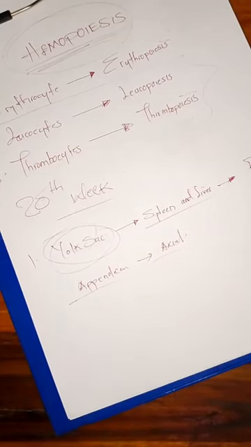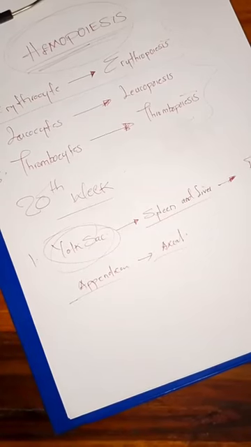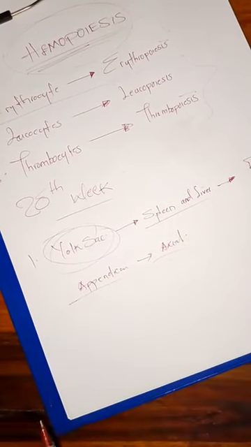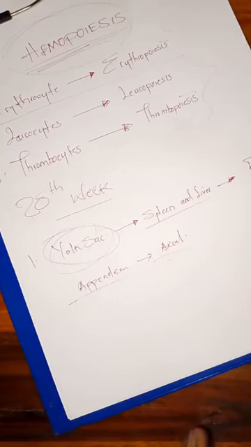Then the axial skeleton is the body trunk, where we're going to find the ribs, the thoracic cavity, and so on and so forth. That's the skeleton of these two classes, the appendicular as well as the axial.